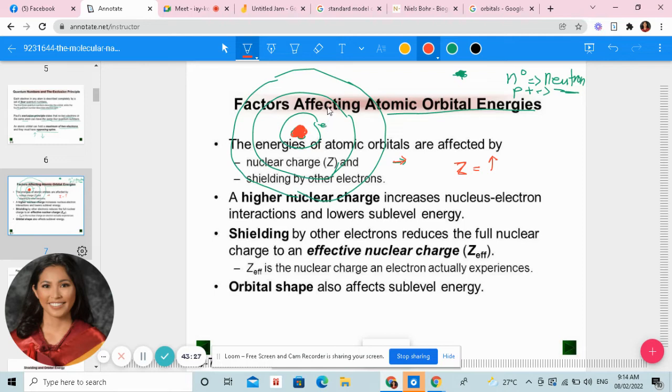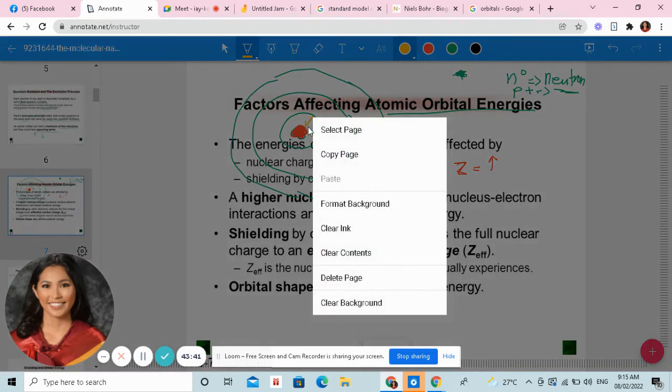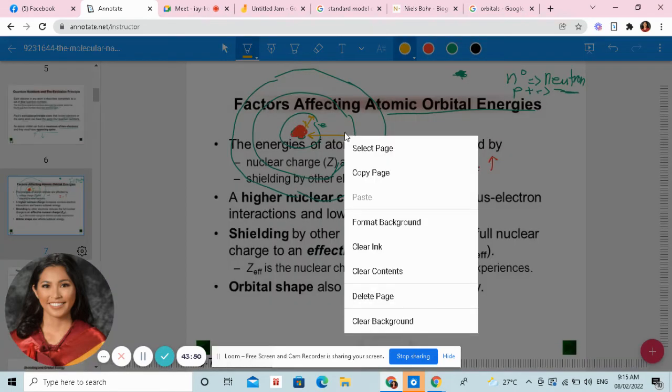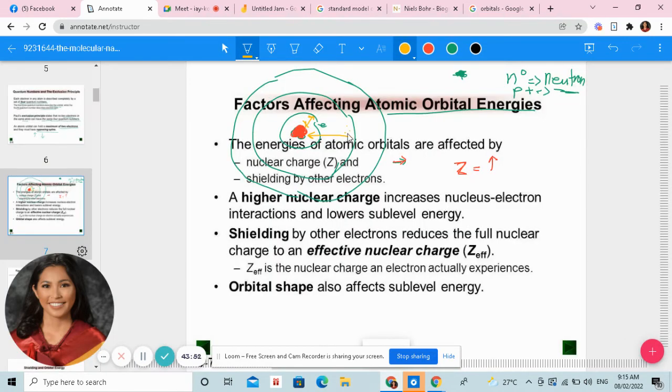What will happen to the interaction of electrons and the nucleus when Z is higher? Therefore, the nucleus will pull the electrons more. Hence, what will happen to the sublevel energies?